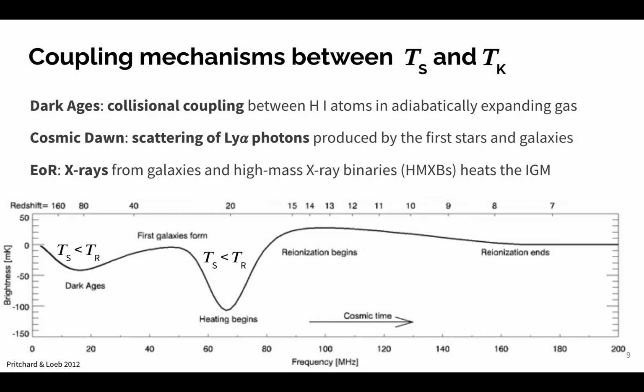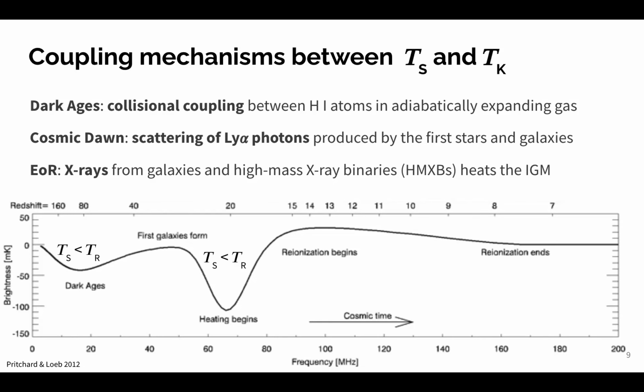Then the dark ages continue to go on, the universe expands, and collisional coupling becomes insignificant, so the spin temperature relaxes back to the background temperature. At that point, around redshift 30, the first galaxies or first stars, population 3 stars, form.